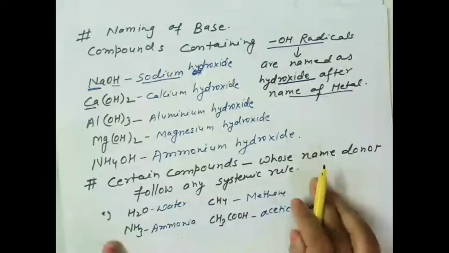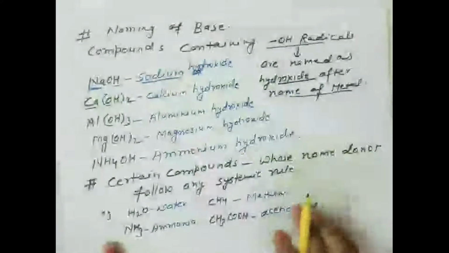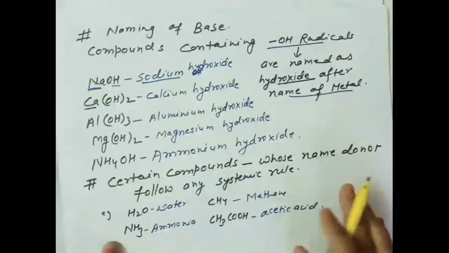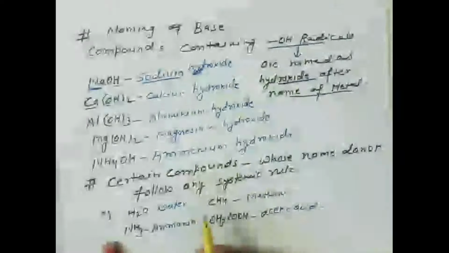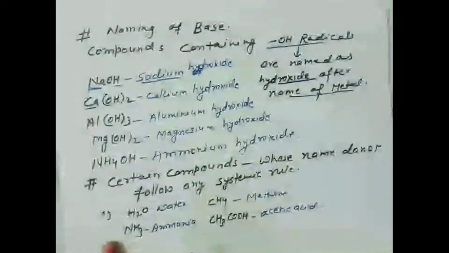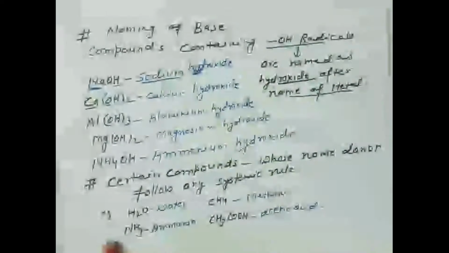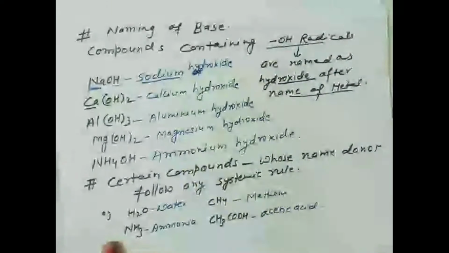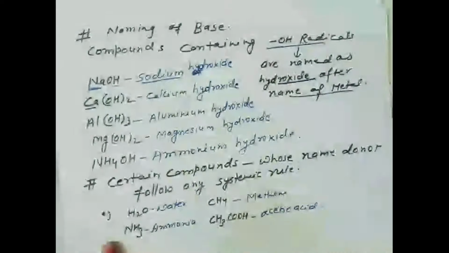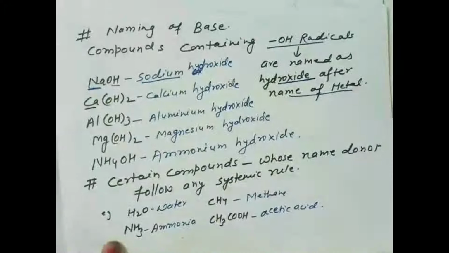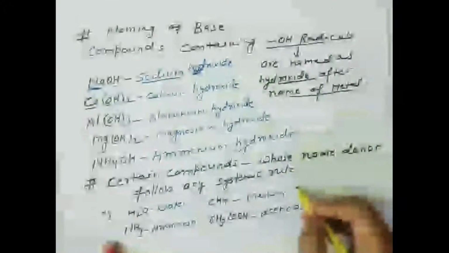Certain compounds whose names do not follow any systematic rule are just named by their common name. For example H2O, the common name is water. Its common name is very popular. We always say water. Ammonia, NH3. Methane, CH4. Acetic acid, CH3COOH. These are all common names.